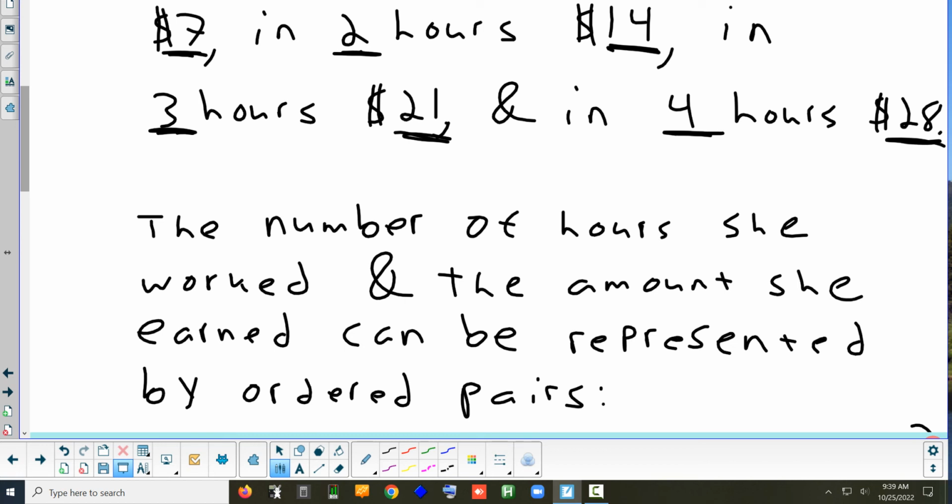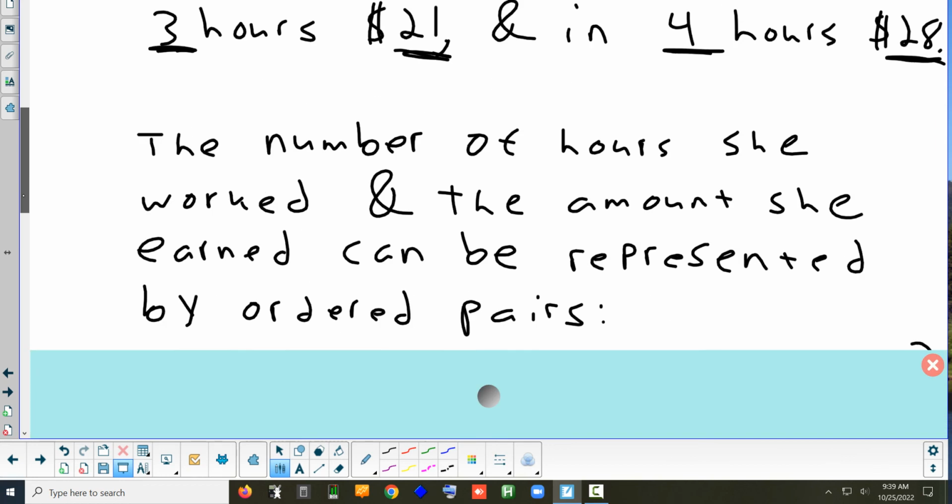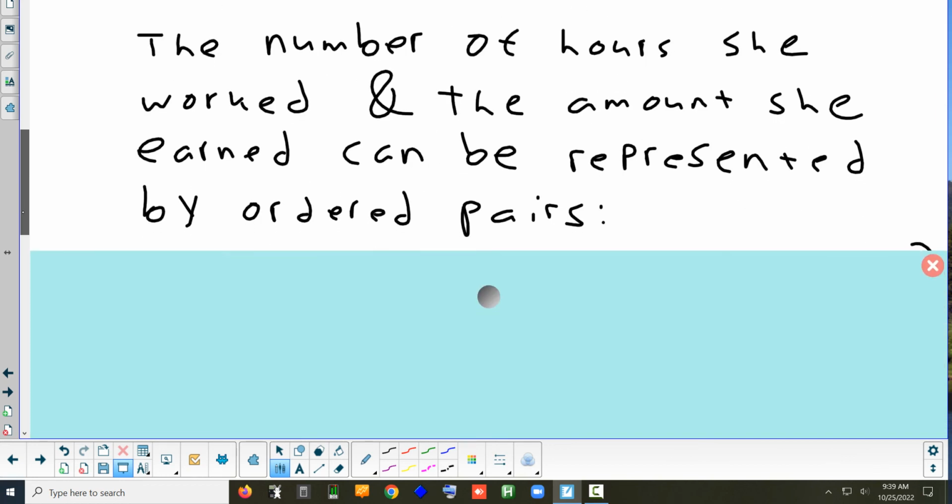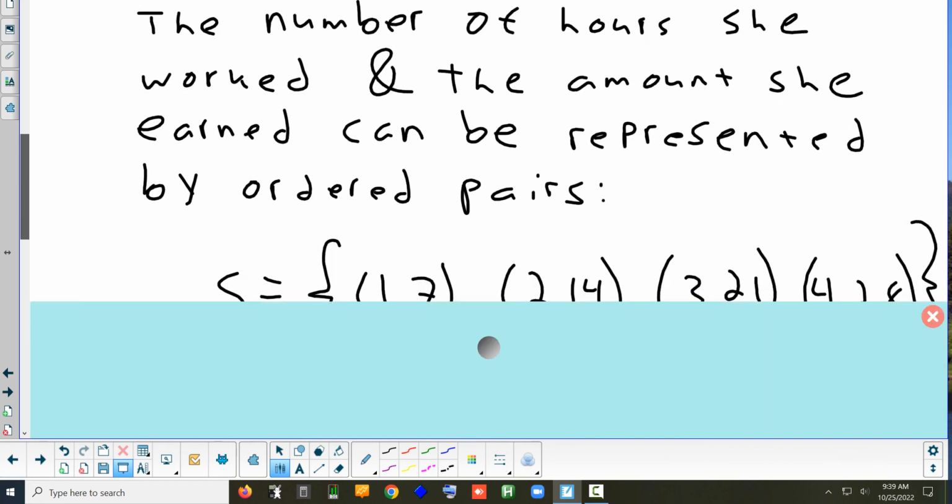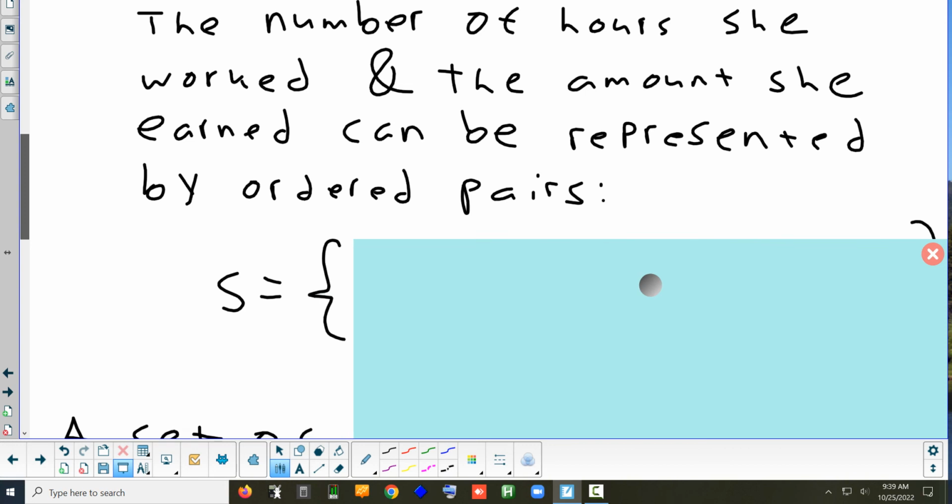Do you guys already have that printed on your... No, you don't need that, but I think you have a spot now to write the ordered pairs. So let's do that. So you have a line that says S equals, and what was the first amount of hours that she worked? Yep. 1, comma, and how much money did she make if she worked 1 hour?